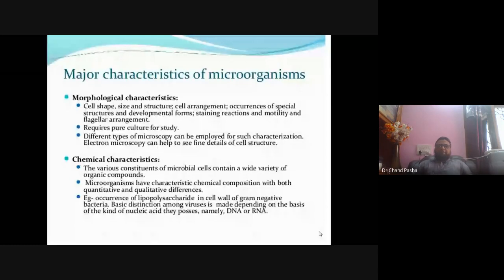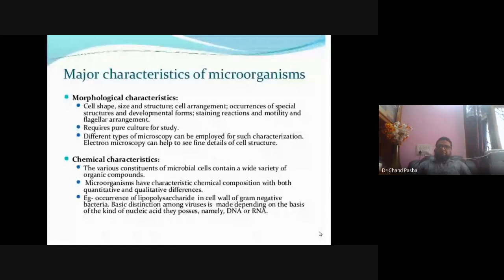If we can grow the bacteria in the laboratory, in the Petri plate or in liquid medium, then we can see their morphological characteristics: how they grow in the plate, what the color is, what the elevation is, how they stain in Gram stain or AFB staining, what the cell shape is, whether it is a rod or a coccus, and how they are arranged, strepto, staphylo, such things.